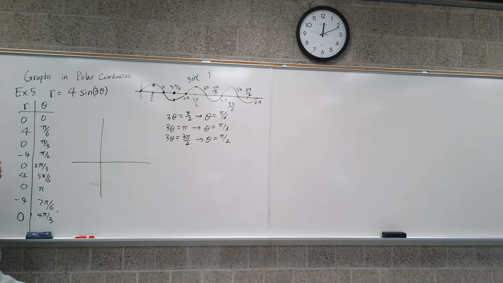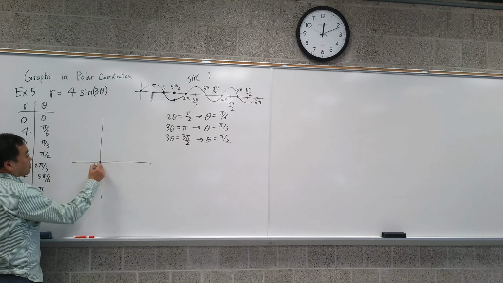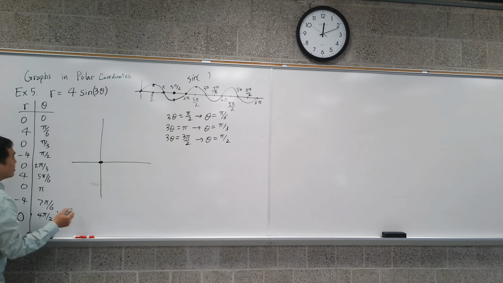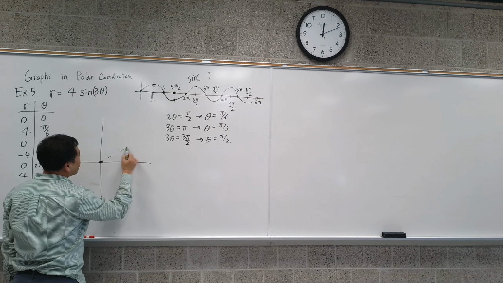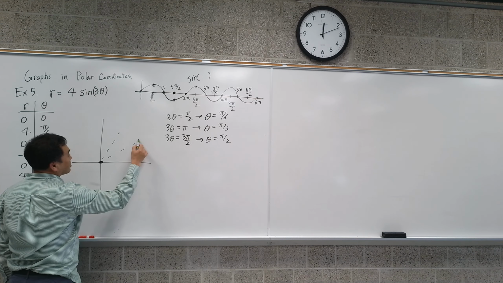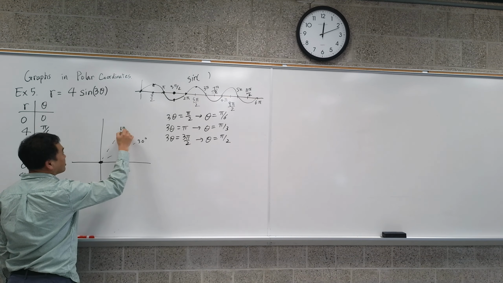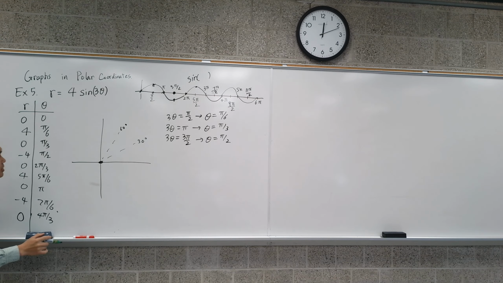Okay, good. So you start from 0, like before. But pi over 6 is 30 degrees. So if you divide this into, this is 30 degrees, that's 60 degrees. It's at 30 degrees that you already hit the peak.